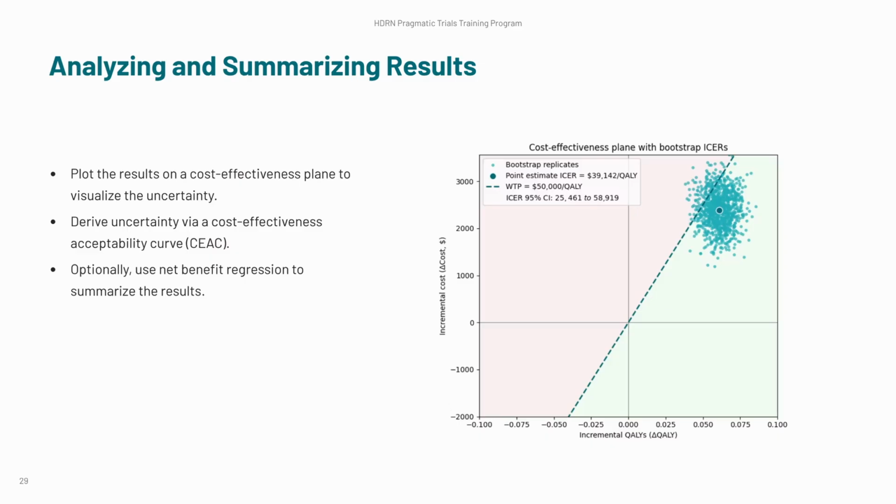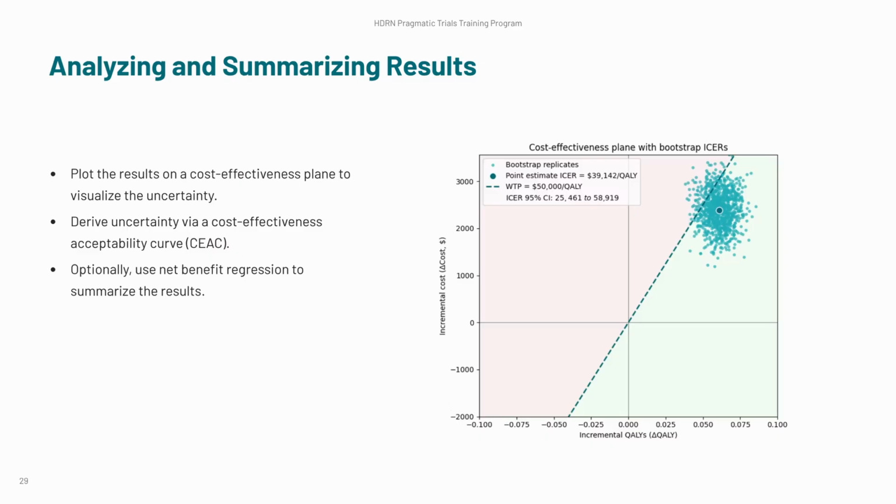From the same data, we can also build a cost-effectiveness acceptability curve, or CEAC, which summarizes the probability that the intervention is cost-effective at different willingness-to-pay thresholds. In more complex settings, net benefit regression can be used to adjust for covariates or clustering while staying in the same framework.